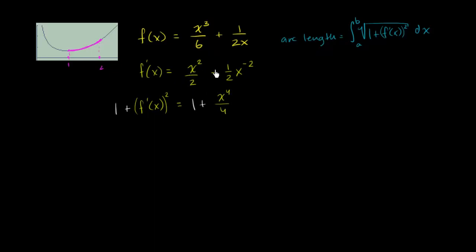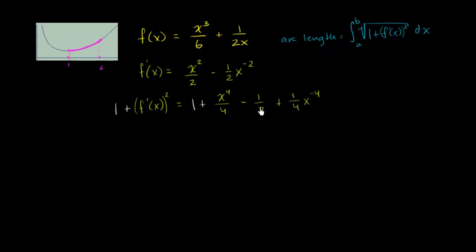Now the product of these times 2 is going to get us negative, let's see, x squared times x to the negative 2 is just going to be 1. And so it's just going to be negative 1/2, right? I just took the product of these two and then multiplied that by 2. Yep, it's going to just be negative 1/2. And then this term right over here squared is going to be positive 1/4 x to the negative 4.